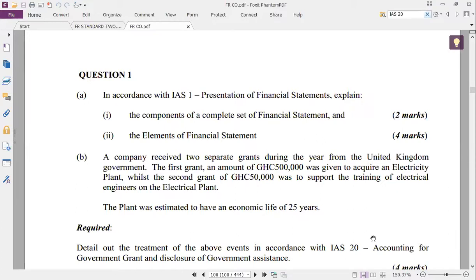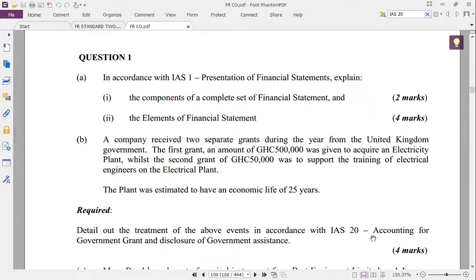The plant was estimated to have an economic life of 25 years. Required: detail out the accounting treatment of the above events in accordance with IAS 20, accounting for government grants and disclosure of government assistance.